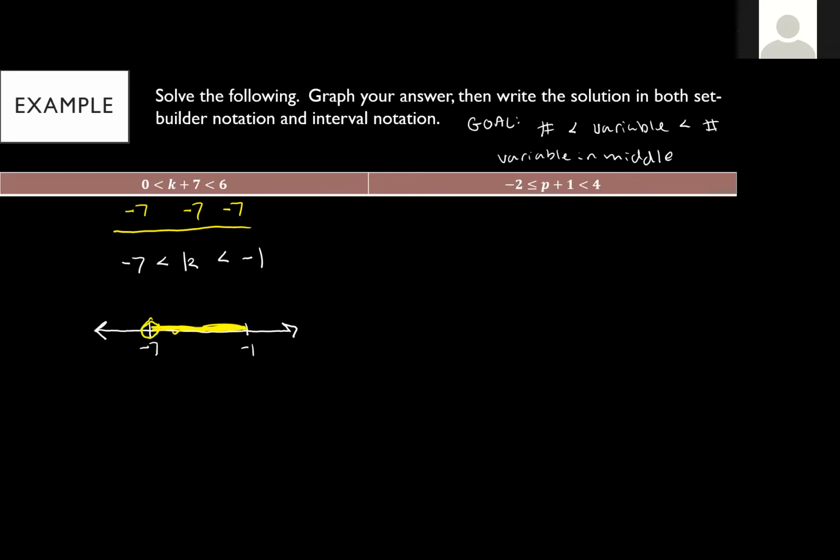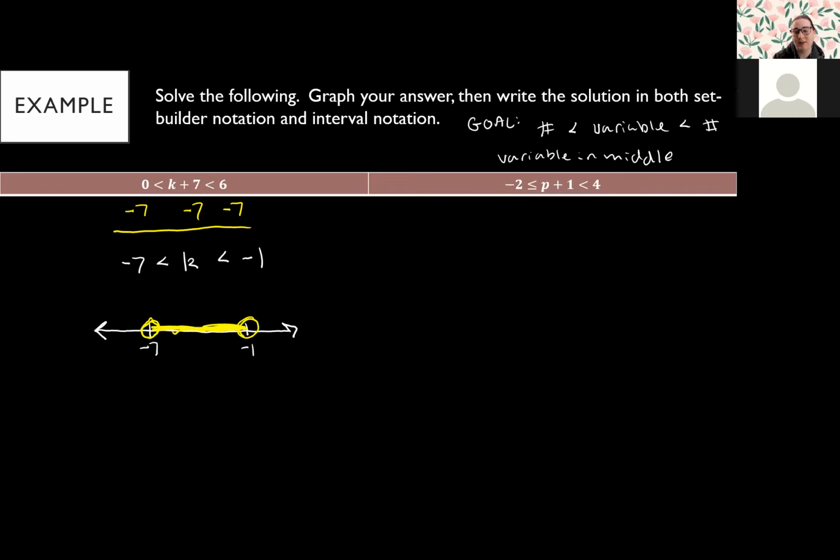So we put open circles at the endpoints because we are not including the -7 and the -1. We've got K is greater than -7, so it's not including it.